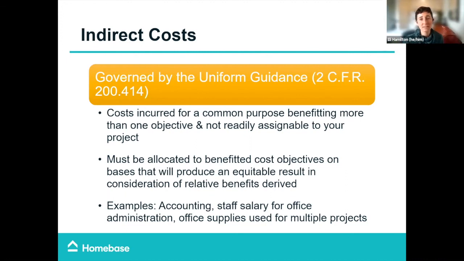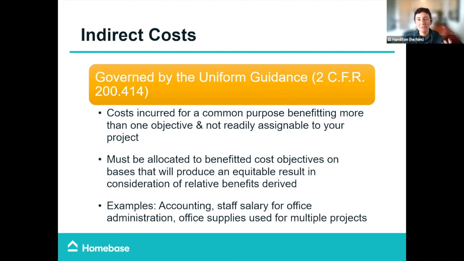They are costs that are incurred for a common purpose that benefits multiple projects, multiple cost objectives. And it's a different way of covering shared costs than doing that through your eligible line items as your direct eligible program costs. The use of that funding can be a little more flexible.